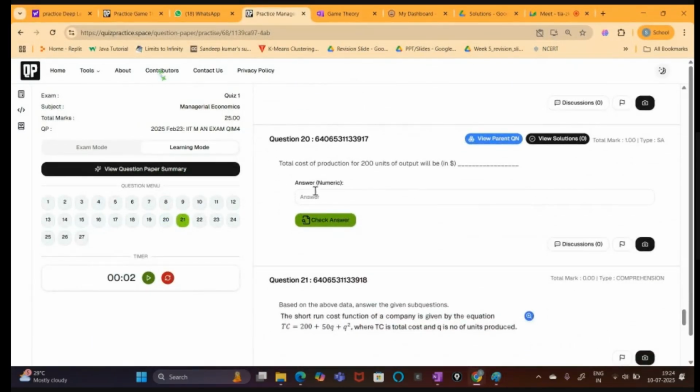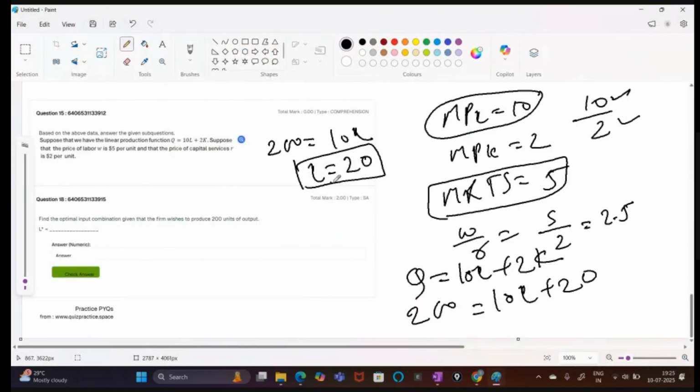So the total cost of production of 200 units of output will be, we are using only the labor, and the price of the labor is $5, right? What will be the total cost? Total cost will be L into W, the labor cost.